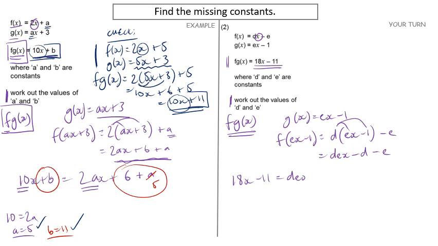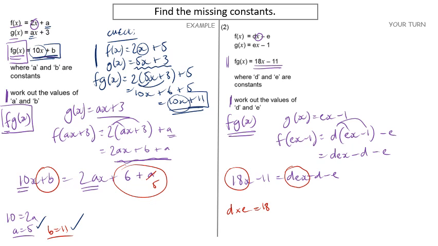So again, we can form our equation and go on to solve it. Now we can see here we've got 18x on this side, dex on this side. So we know from this, d times e has got to equal 18.